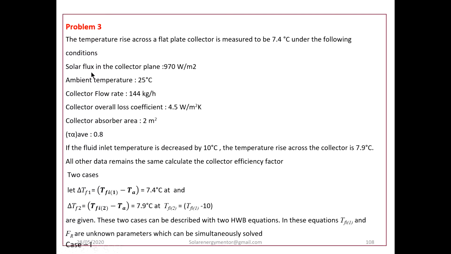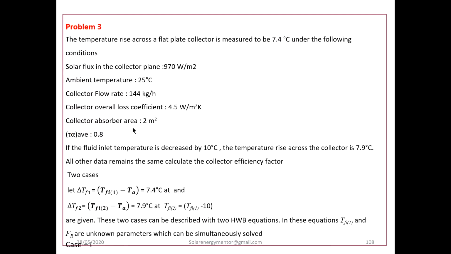Solar flux in the collector plane is 970 watt per meter square, ambient temperature is 25 degrees Celsius, collector flow rate is 144 kg per hour. Collector overall loss coefficient UL is 4.5 watt per meter square Kelvin, collector absorber area is 2 meters square, and tau alpha average, the transmittance absorptance product, is 0.8.